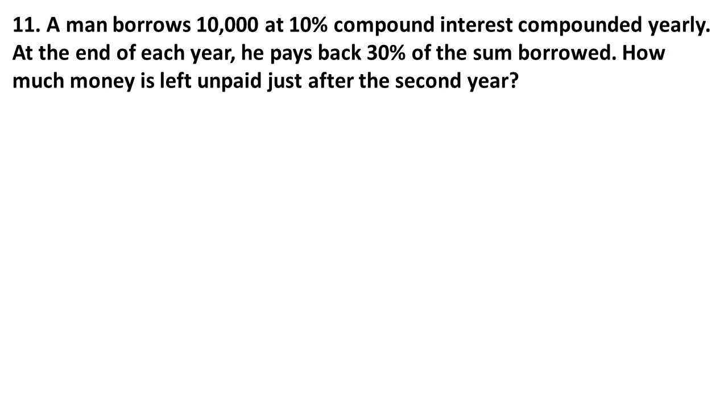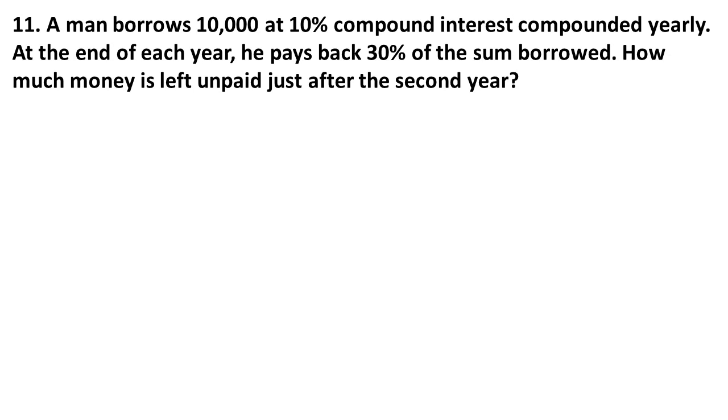By the question we can know that the sum borrowed is rupees 10,000 and the rate of interest is 10%. Compound interest is compounded annually. At the end of every year, the man pays back 30% of the sum borrowed. Now we have to find out the money left unpaid just after the second year.